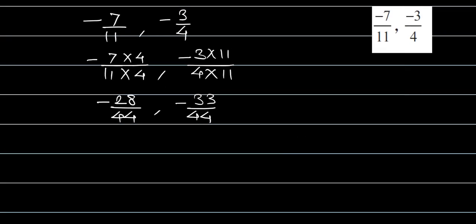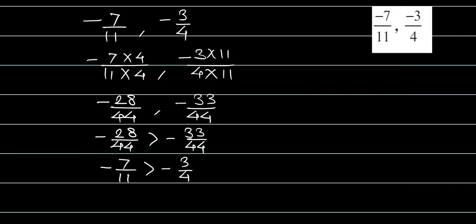Therefore, minus 28 upon 44 is greater than minus 33 upon 44, and hence minus 7 upon 11 is greater than minus 3 upon 4. And hence the answer is minus 7 upon 11 is greater than minus 3 upon 4.